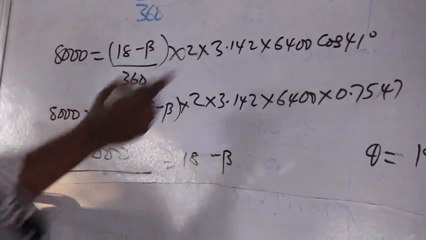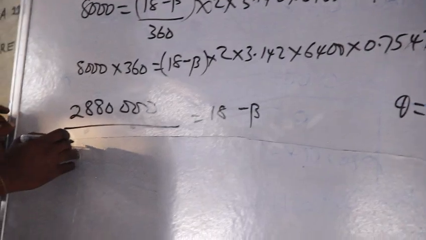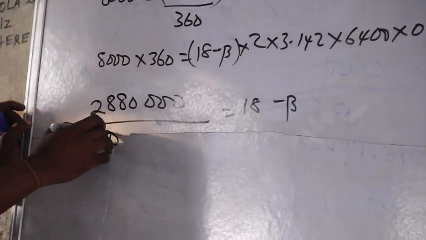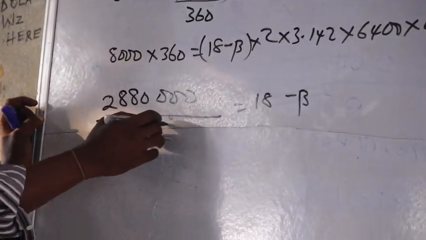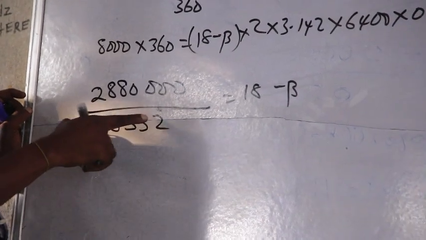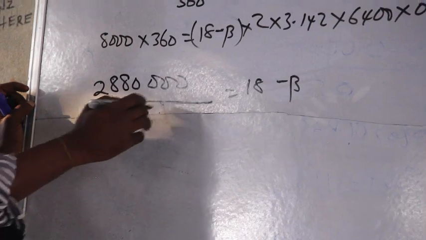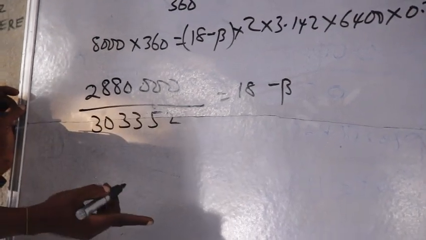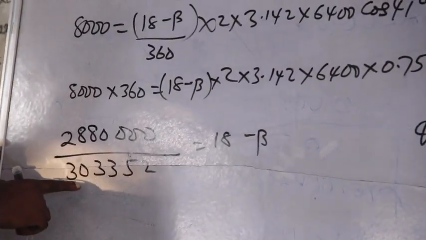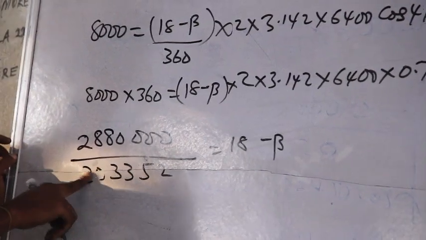Yes, sir. What about that one? 30,000. 3352.